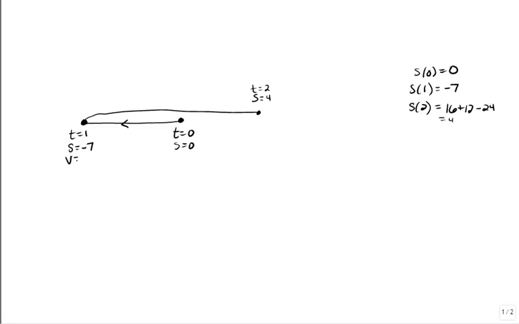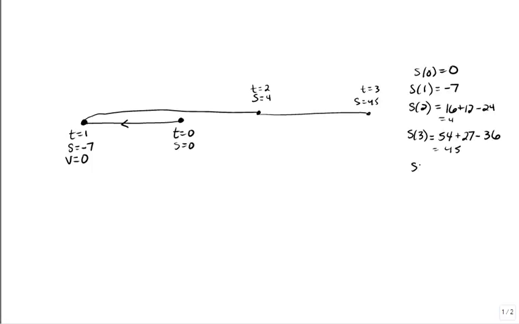So this is where v is 0. And let's do s of 3. So we're going to be way over here at 45.